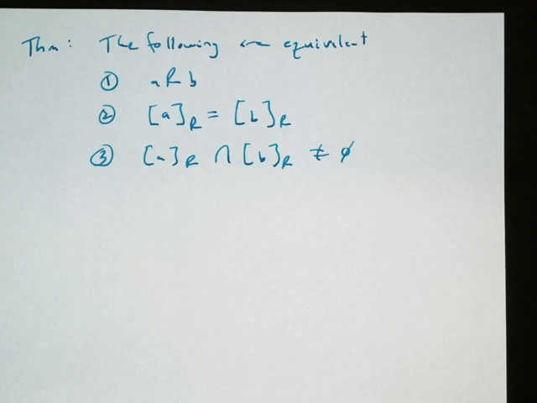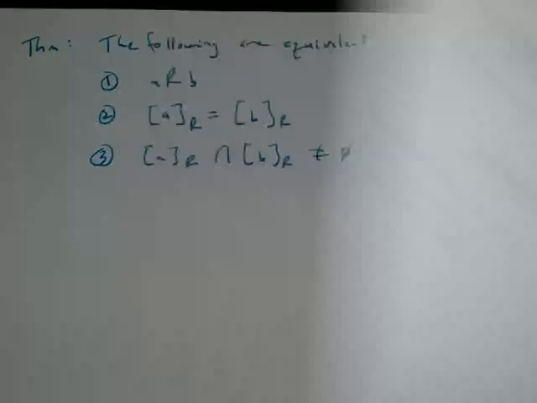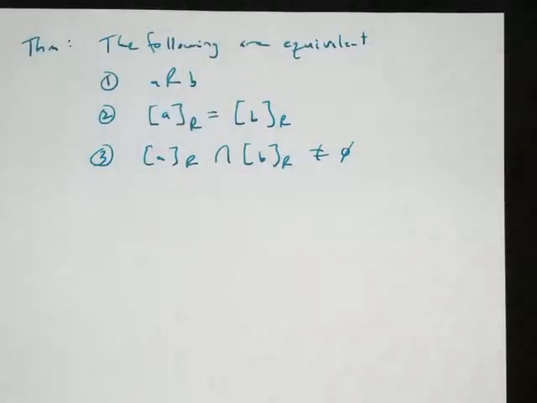A question for you. Sticking with our example of looking at remainders mod 7, the mod 7 relation we were just looking at, we said there were a total of 7 classes. Every integer possible must fall into one of those classes.